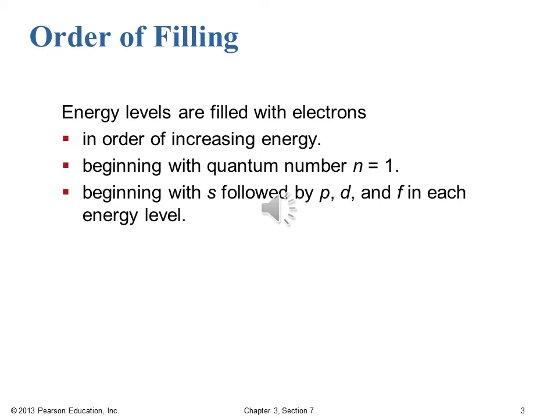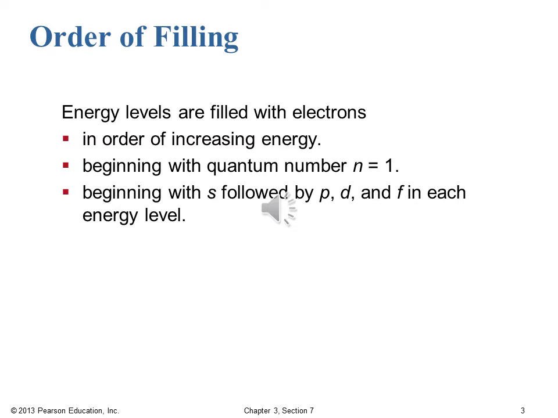Alright, so before we can start filling in arrows to represent our electrons, we have to have an understanding of how electrons fill orbitals. So energy levels that we talked about before, the principal energy level, which corresponds to the horizontal rows in the periodic table, and then those columns have to do with the different type of orbital that's being filled.